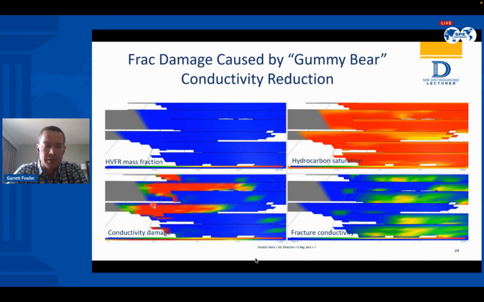And so we have to introduce a chemical effect to actually constrain conductivity within the original fracture networks. And that's what we're seeing here in this video. This red color is indicative of the damage that is occurring inside of those fractures. It's a function of the pressure, hydrocarbon saturation, and HVFR or polyacrylamide saturation or concentration within those fractures.